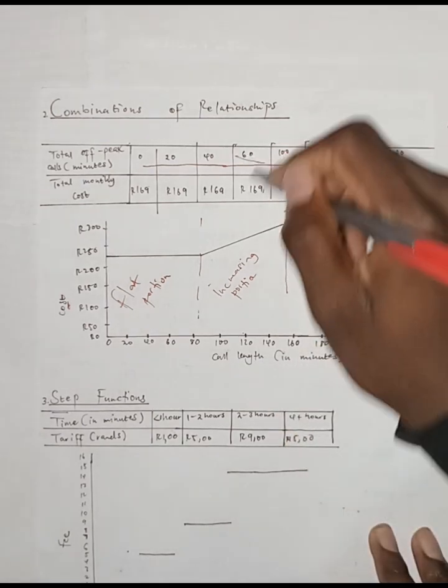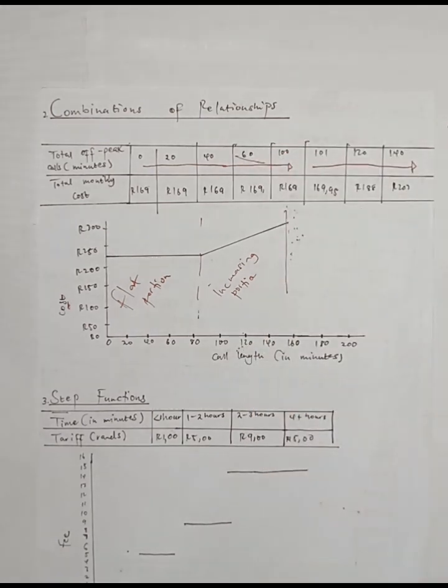Now, for this graph, the flat portion represents that there is a fixed monthly subscription fee. That's why you see it being linear. It's fixed, so that means the price doesn't change for a certain period of time.